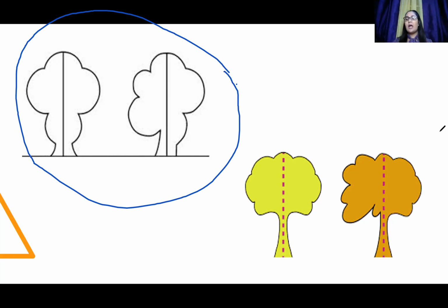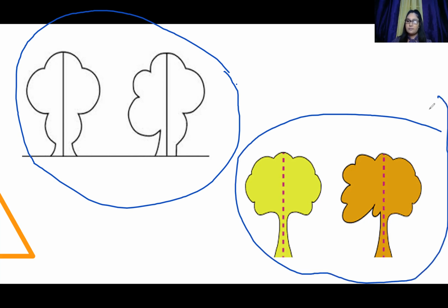Right. Let's look at the other one with the yellow and the orange tree. Oh, and I drew a circle. Let's look at the yellow tree. The yellow tree has a line of symmetry drawn down the middle. And what kind of shape is this? Very good. It's equal on both sides, the same on both sides, making it a symmetrical shape.